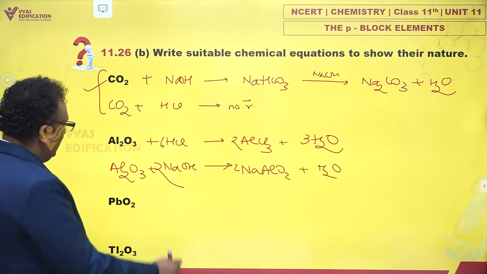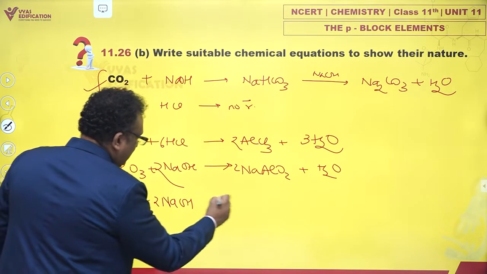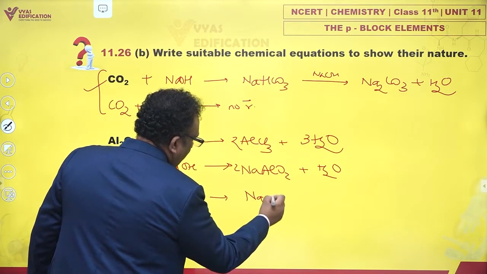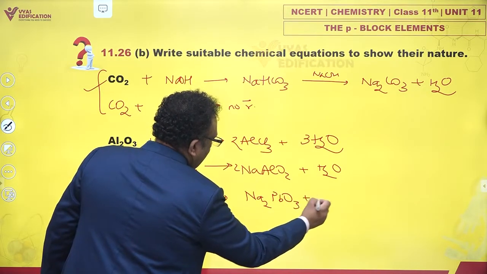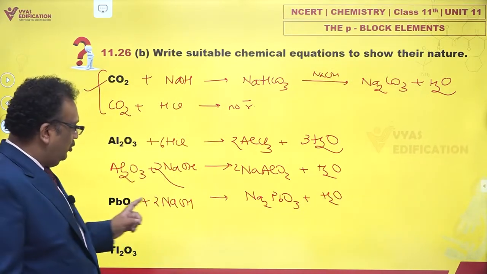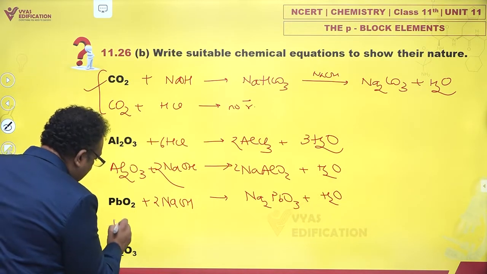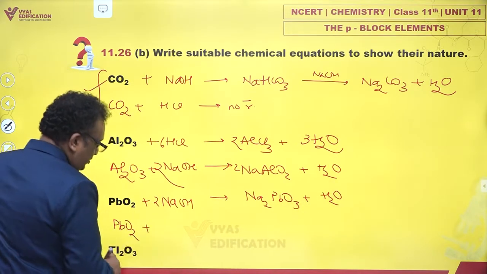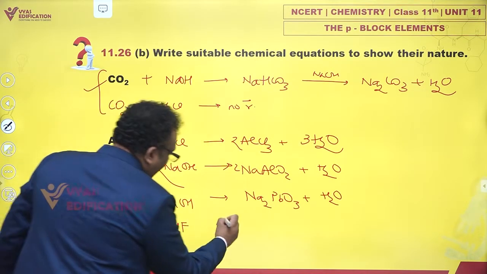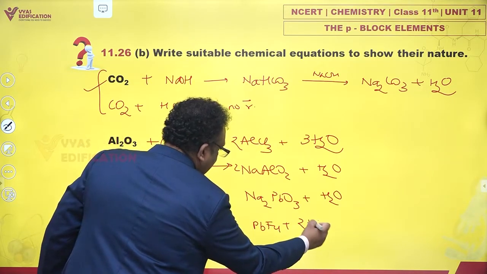PbO2 plus NaOH can give you Na2PbO3 plus H2O, just like silica. SiO2, same family as PbO2, can react to give you sodium plumbate. The same PbO2, if you react with, say, HF, will give you PbF4 plus 2H2O.